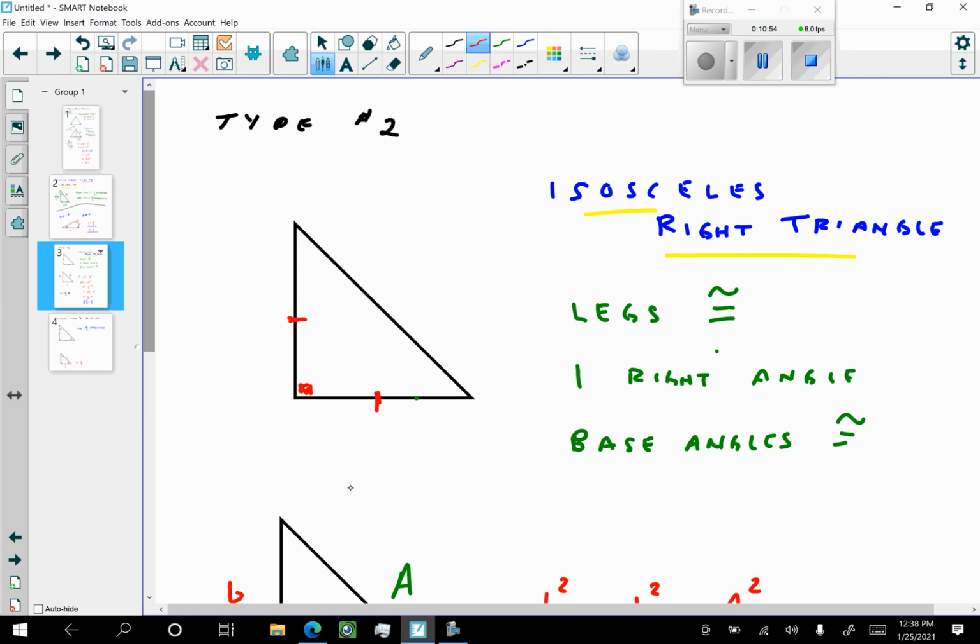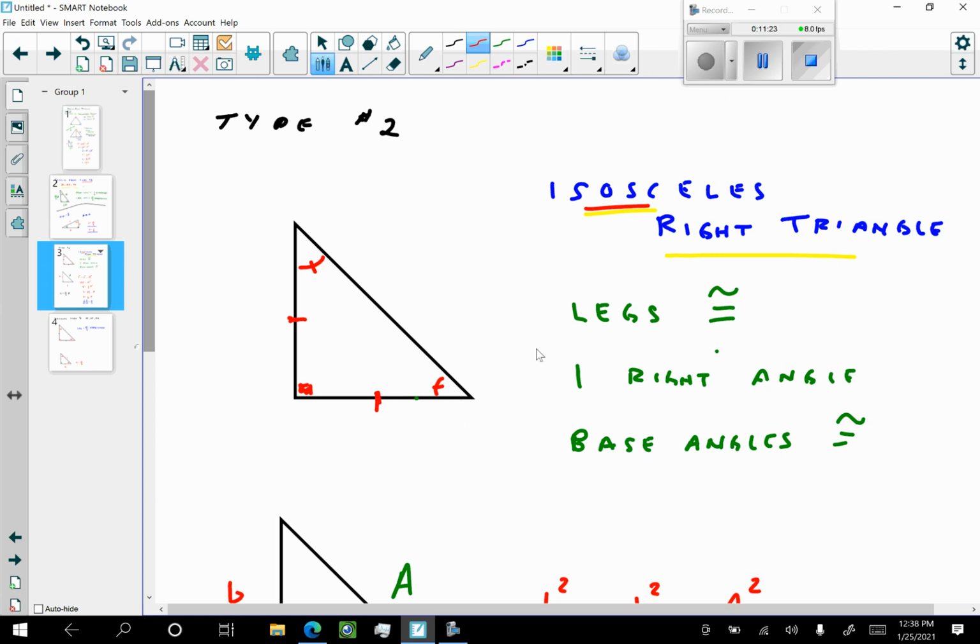And what do you know about an isosceles right triangle? Well, the legs are congruent because it's isosceles. It has one right angle because it's a right triangle. And the base angles also have to be congruent, because that's a property of isosceles triangles: the angles opposite the congruent sides are congruent.